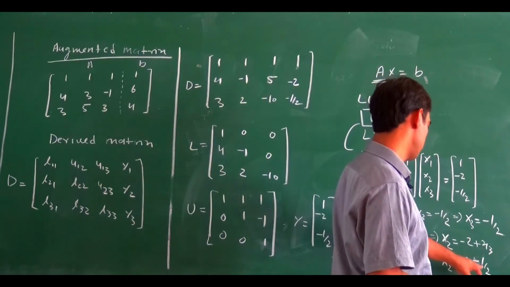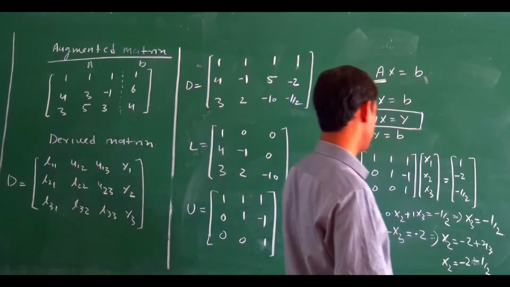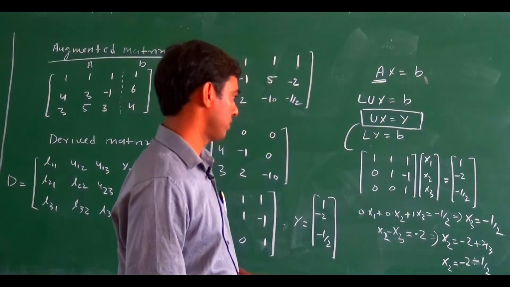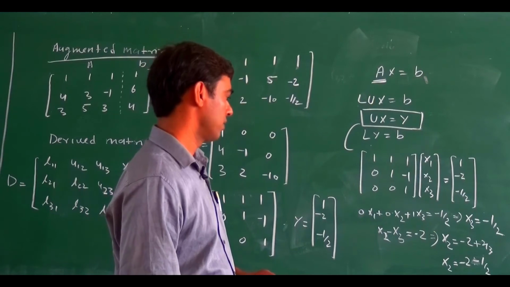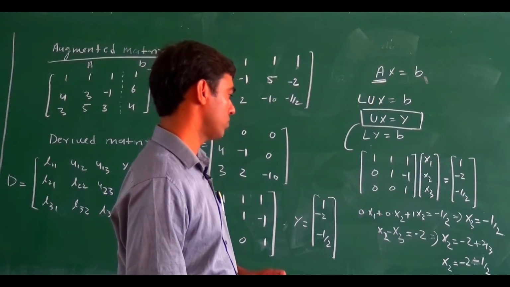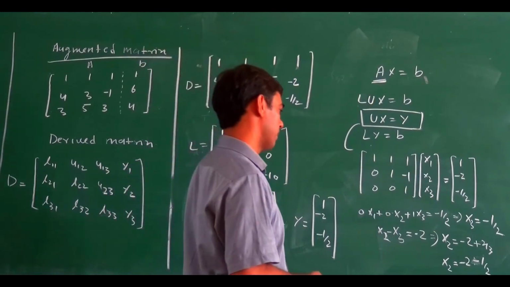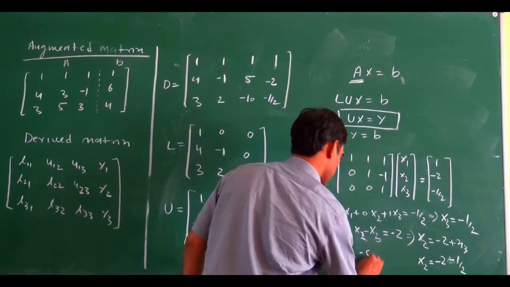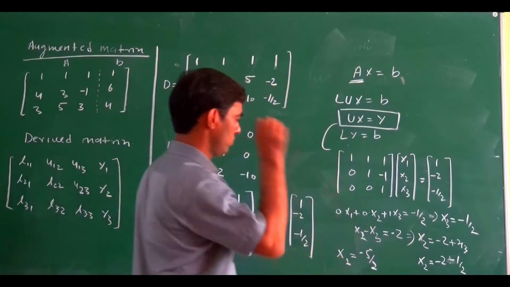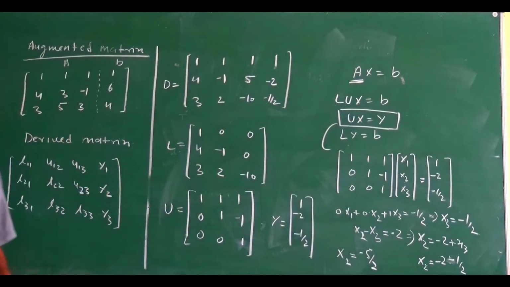So minus 2 minus 1 by 2, which becomes minus 4 minus 1, meaning minus 5 by 2. So x2 becomes minus 5 by 2.